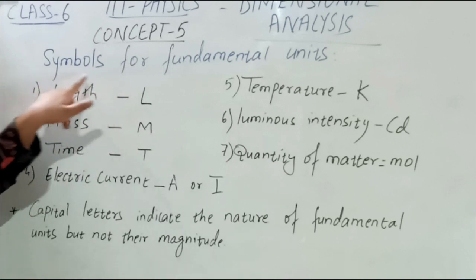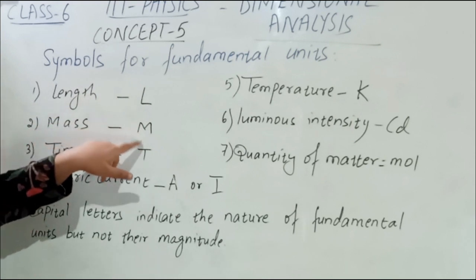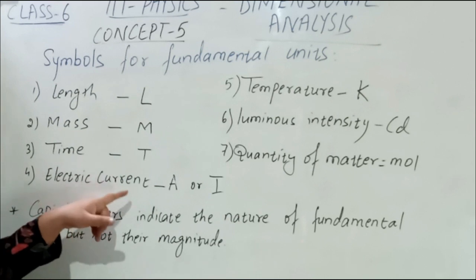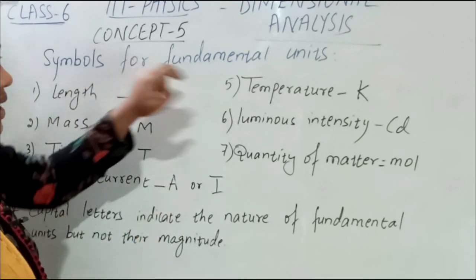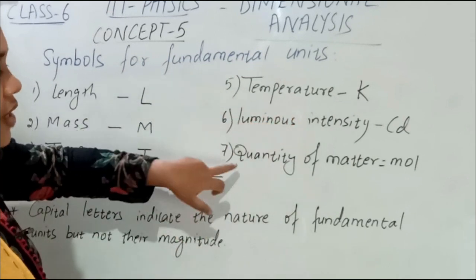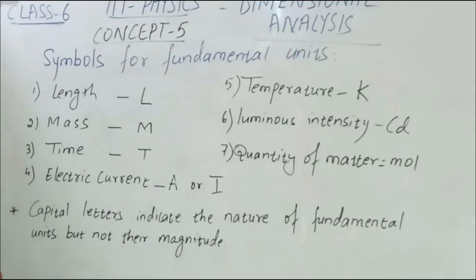For length, capital L. For mass, capital M. For time, capital T. For electric current, capital A or capital I. Then temperature K, luminous intensity CD, and quantity of matter MOL.